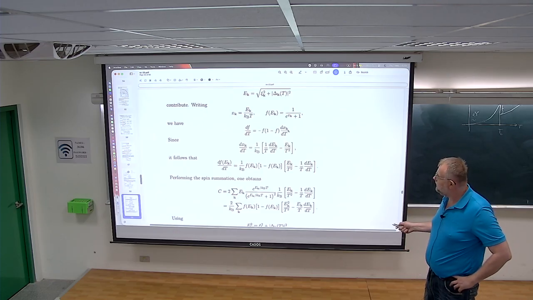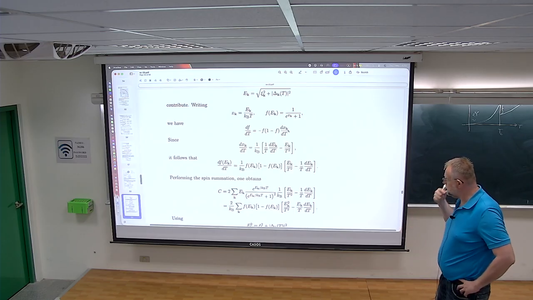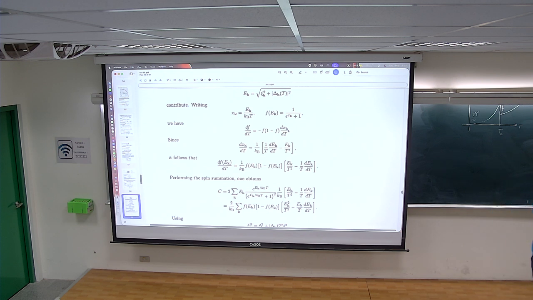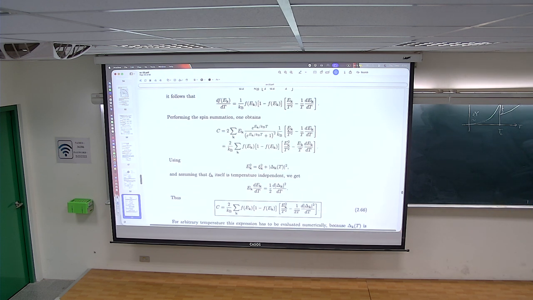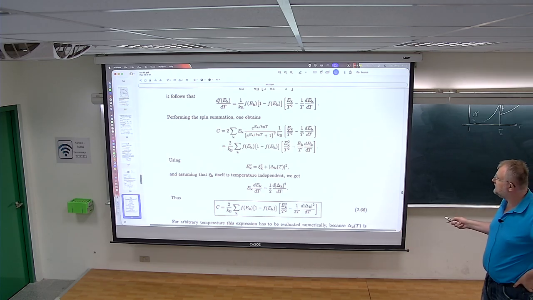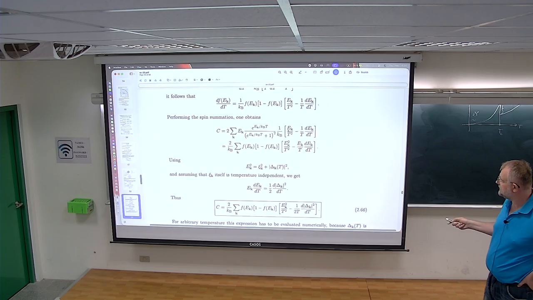So then it follows, you need to calculate this thing and now make the summation. So the exact formula so far is written here. This thing, if you just take it, is exactly like that. So this comes from that.